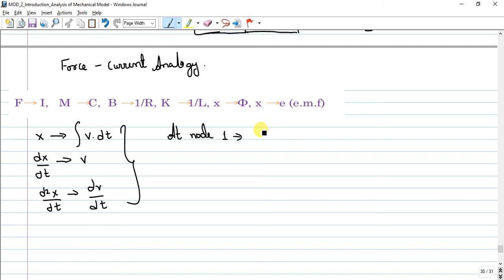So let me consider node 1. The initial equation was f of t is equal to k1 times x1 of t minus x2 of t in the mechanical system. So here force will be replaced by I, so I of t, not I1.